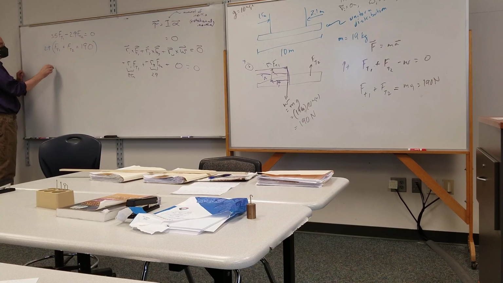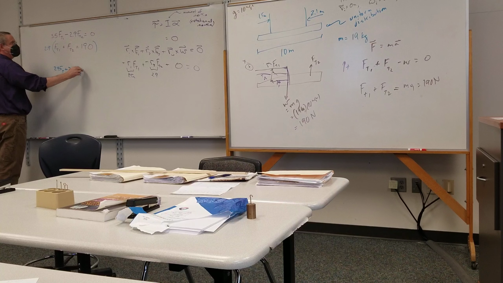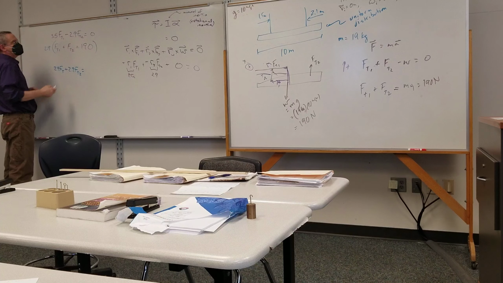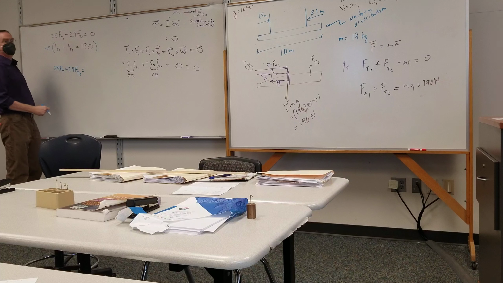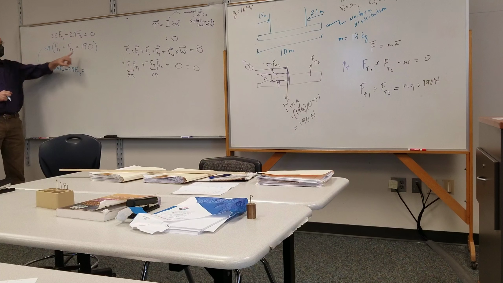So my second equation is 2.9 FT1 plus 2.9 FT2 is equal to whatever that is. What happened to the 3.5? We'll bring that back in just a second. So just manipulating the second equation for now. All right. 2.9 times 190.